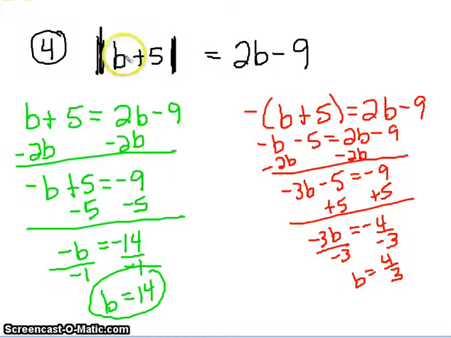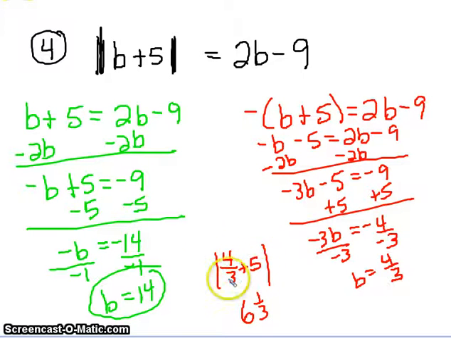Well, if we plug in 4/3 here to our b plus 5, 4/3 plus 5, and the absolute value of it, 4/3 is a repeating decimal, so the whole decimal thing isn't going to work real well. But this is 1 1/3, so it would actually be 6 1/3.